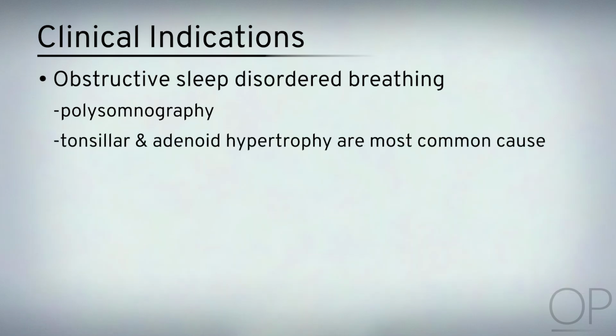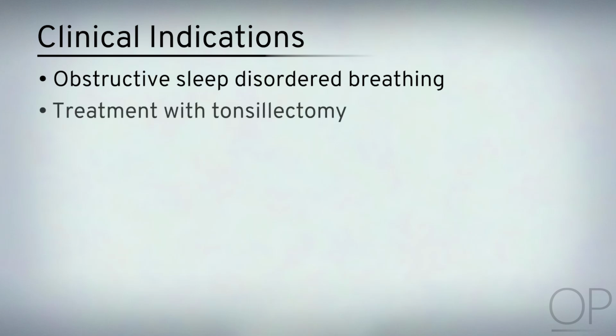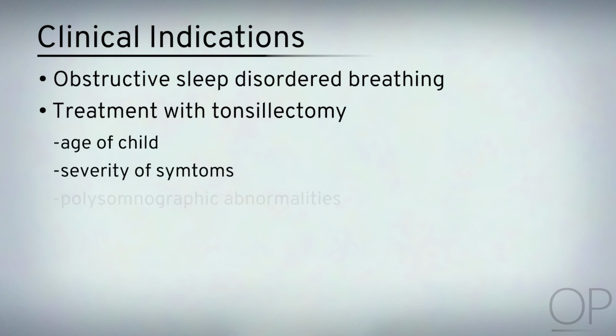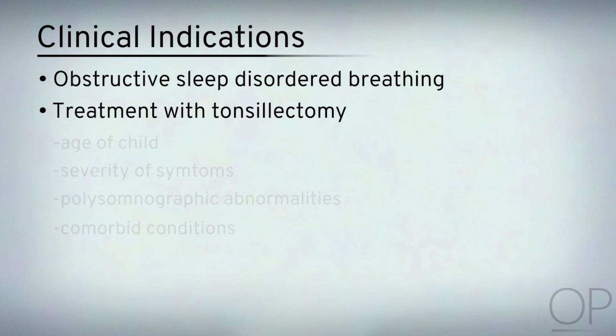Tonsillar and adenoid hypertrophy are the most common cause of sleep-disordered breathing. Tonsil hypertrophy is often graded on a scale from 1 to 4, but tonsillar size does not always correlate with the severity of symptoms. The decision to treat with tonsillectomy with or without adenoidectomy is made on a case-by-case basis, taking into consideration the age of the child, severity of symptoms, polysomnographic abnormalities, and comorbid conditions.